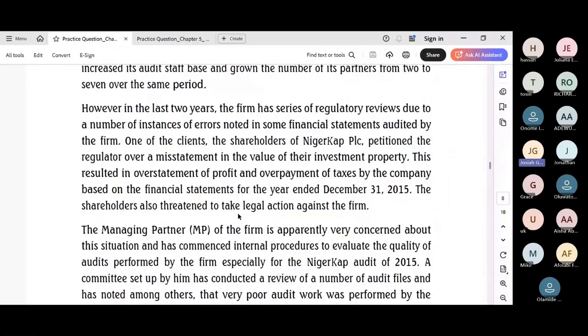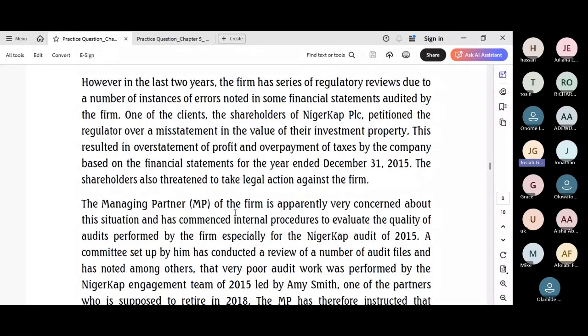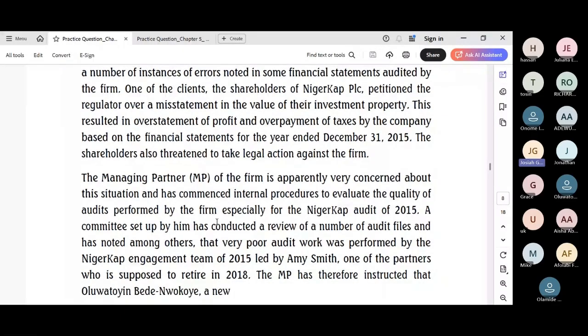However, in the last 2 years, the firm has faced a series of regulatory reviews due to a number of instances of errors noted in some financial statements audited by the firm. One of the clients, the shareholders of Niger Cap PLC, petitioned the regulator over a misstatement in the value of their investment property.